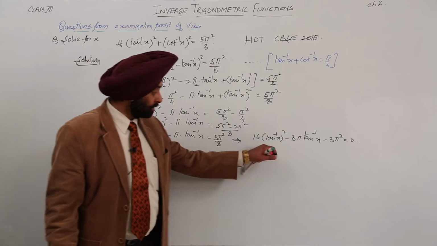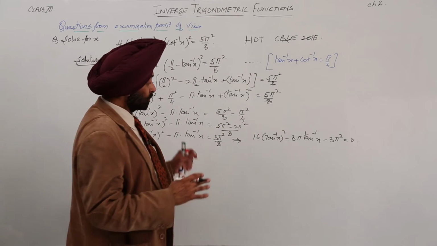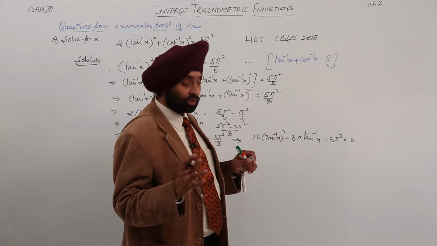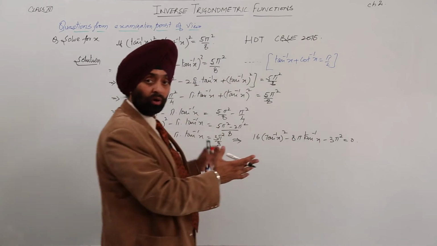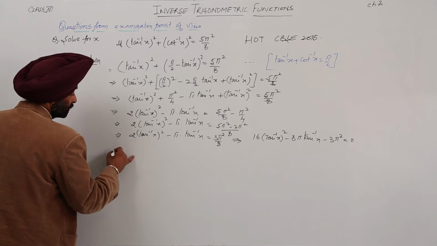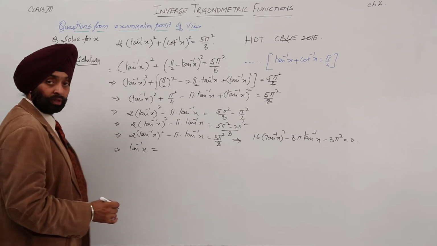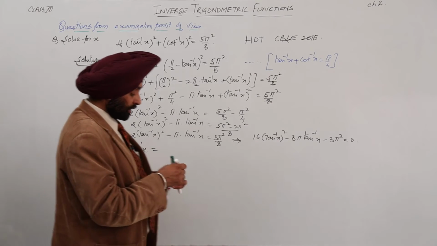Now this becomes a quadratic equation. So now again you can move with both the things, either you can make factors or we can proceed with the quadratic formula. So proceeding with the quadratic formula, we are getting tan inverse x is equal to, now what is the quadratic formula?